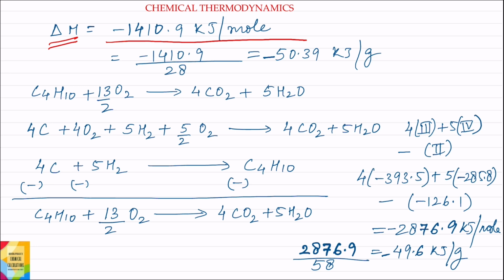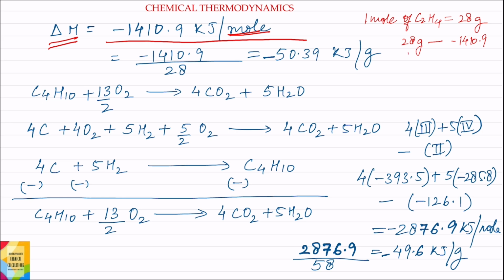अब इसको convert करना है kilojoules per gram में. तो 1 mole of C2H4 is equal to its molecular weight which is equal to 28 gram. तो 1 mole of C2H4 कितना heat evolve कर रहा है? So we can say that 28 gram of C2H4 gives minus 1410.9 kilojoules of heat.